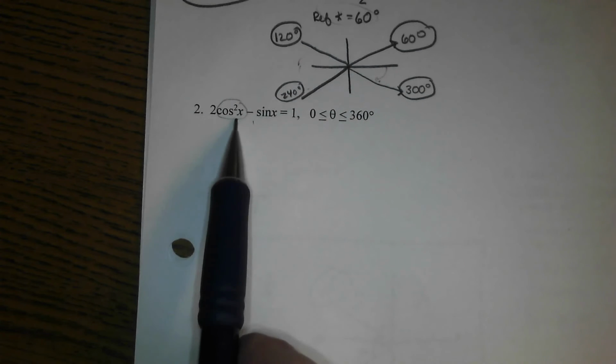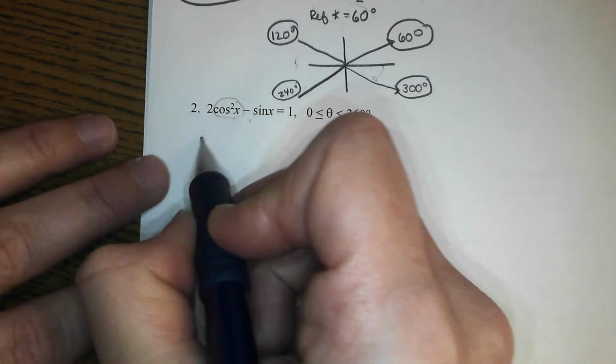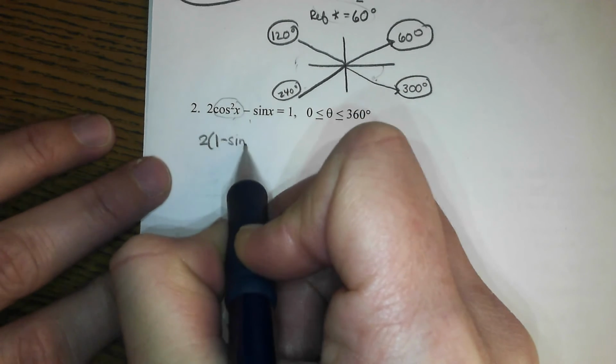So I could take out the cosine squared and replace it with what? I'm taking out cosine squared, and this would have to get subtracted over, so it would be 1 minus sine squared. Can everyone visualize that? So take that out and replace it with 1 minus sine squared.